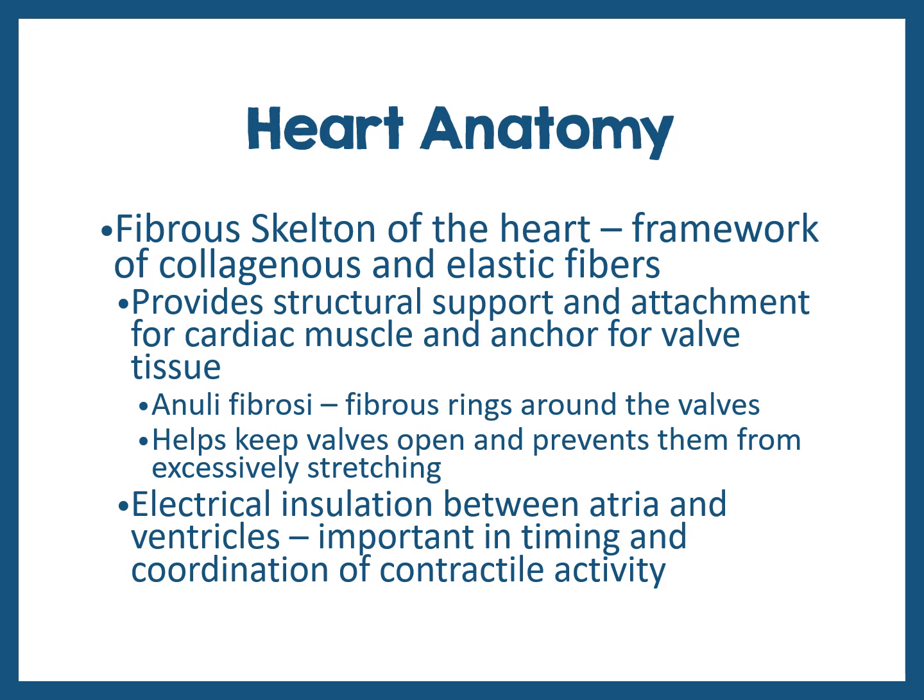The tissue helps insulate the atria and the ventricles, so that when there is an impulse in the heart, it will go through these structures called Purkinje fibers, and it's coordinated like it's supposed to, and it doesn't have the ability to go all willy-nilly or all crazy. It will be a pattern. Those fibrous rings that go around the valves are called annuli fibrosi, and those will help keep the valves open, and it will prevent them from stretching out extensively.